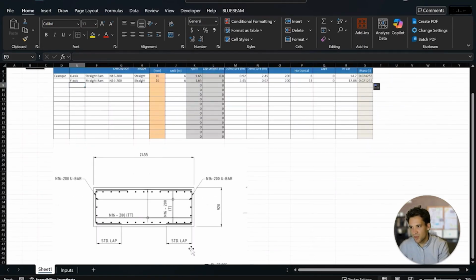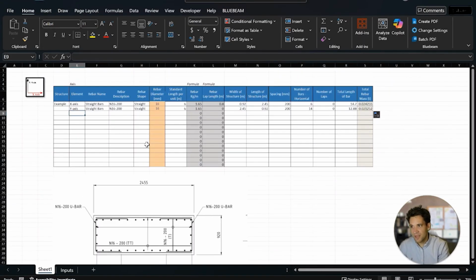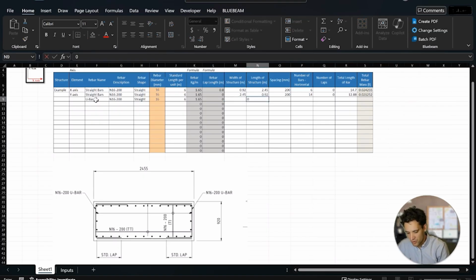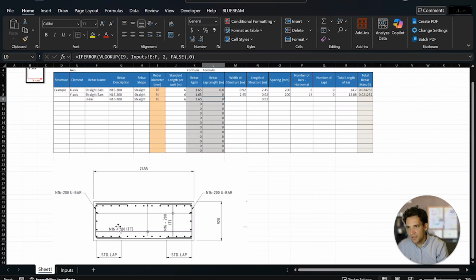Then we need to factor in these 2 U bars, which they've given a standard lap length. Rather than looking at the general notes for this example, we'll just go off a standard lap length for that type of bar. And N16 200 U-bar, standard length, let's say, is 6 meters. For this one, the width of the structure will be 0.92 plus twice the lap length.